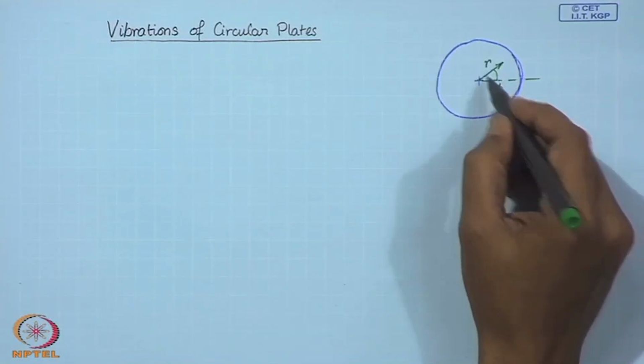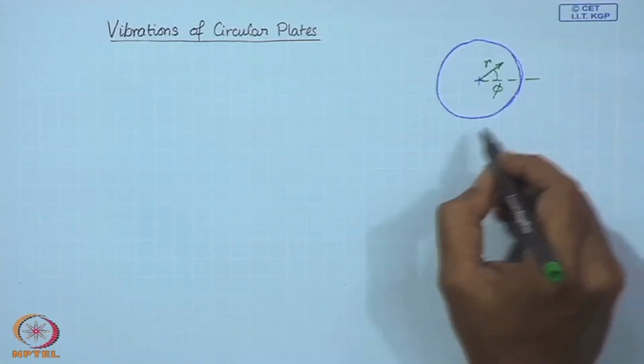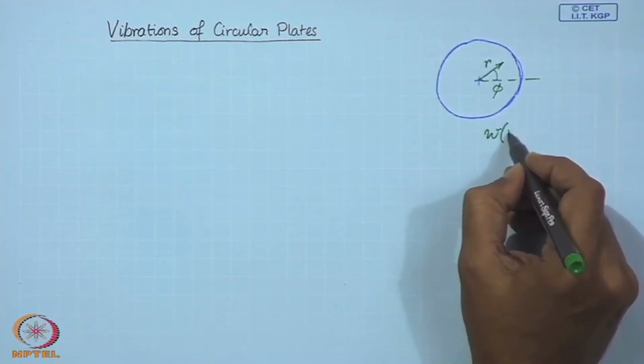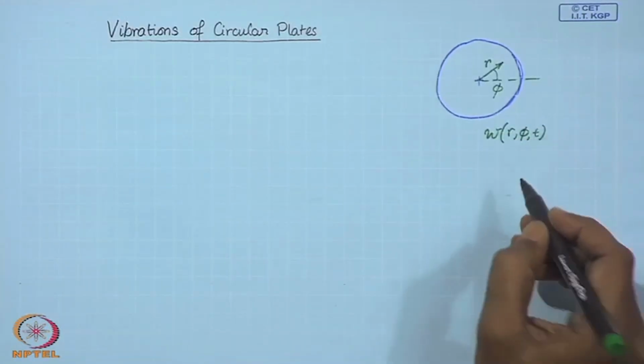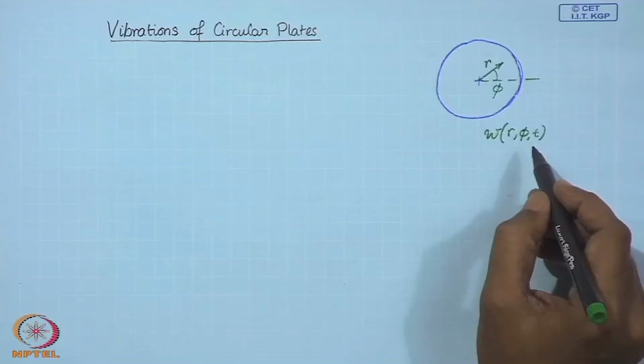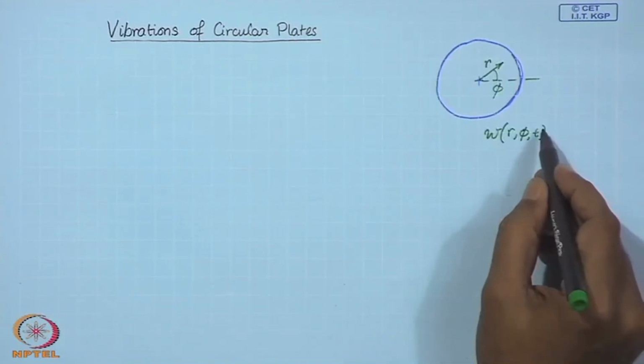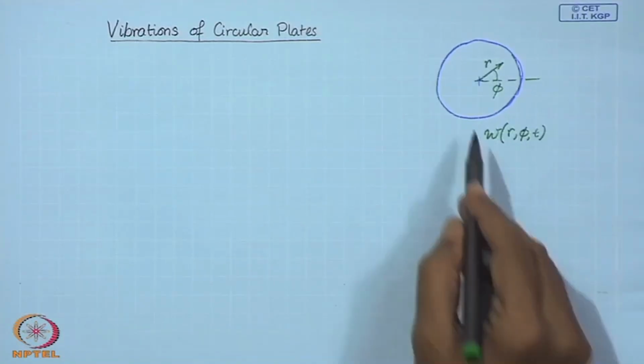So, at any point r, phi, at any time t, the field variable is represented by w(r, phi, t).